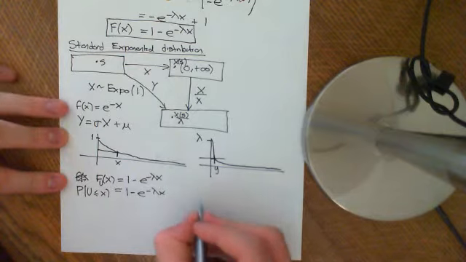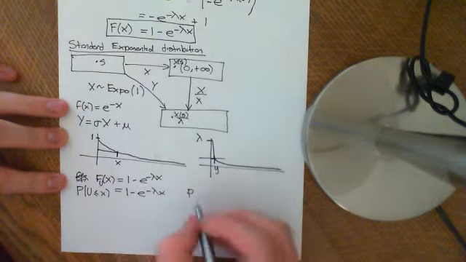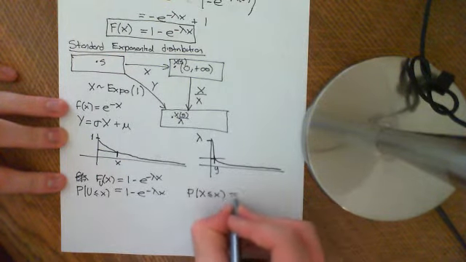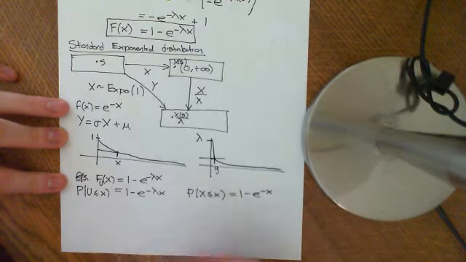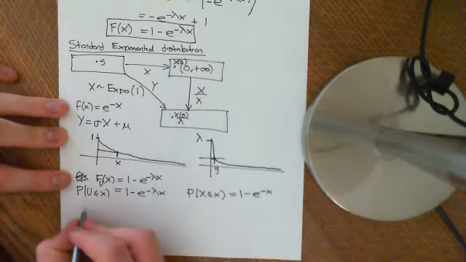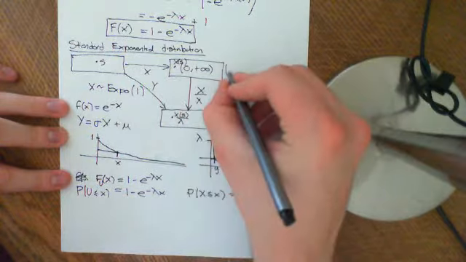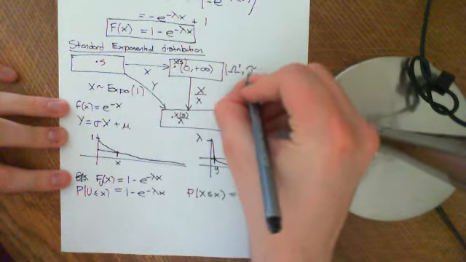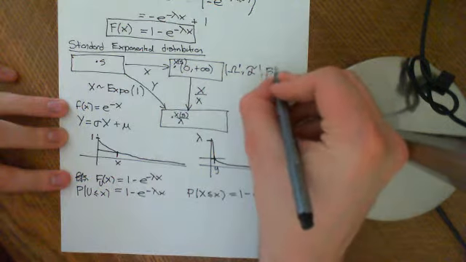If we look at the standard exponential distribution, which was our random variable x up here, then the probability that x is less than or equal to some little x is 1 minus e to the negative x, filling in lambda equal to 1. So this is asking what is the probability, if we consider this a probability space with sample space omega prime, set of events curly f prime, and probability measure p prime.